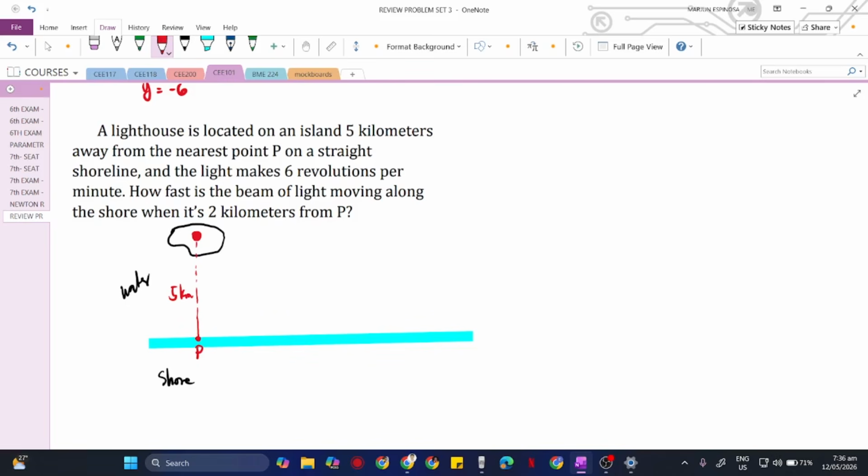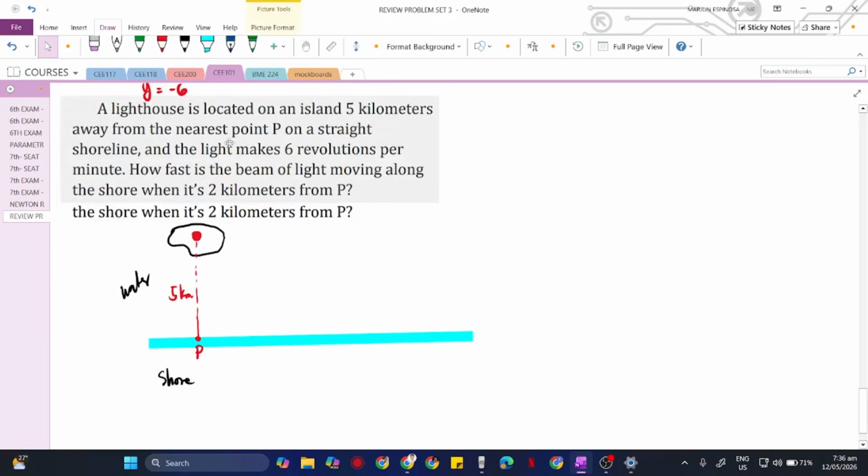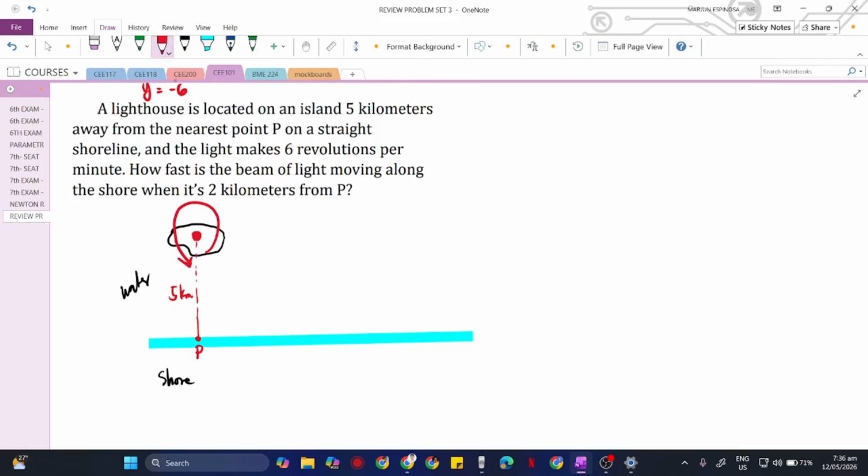Yung light dito is revolving 6 revolutions per minute. Yung revolving, pwede natin sabihin dyan is, yan yung d theta over dt.